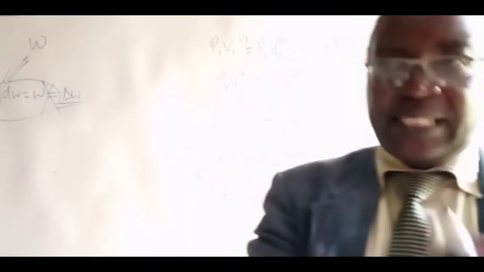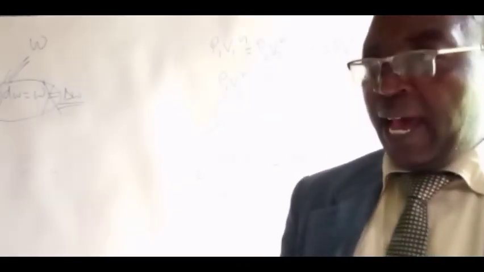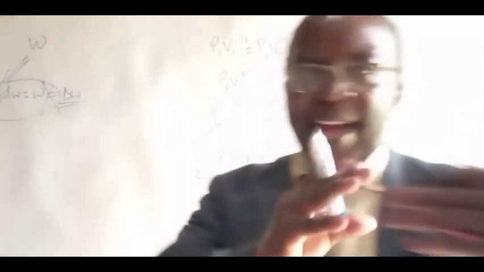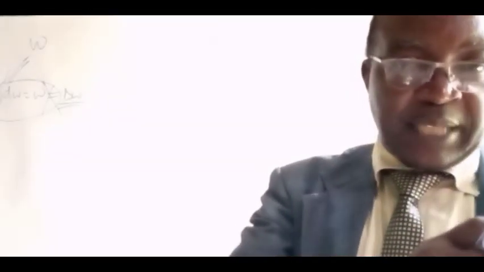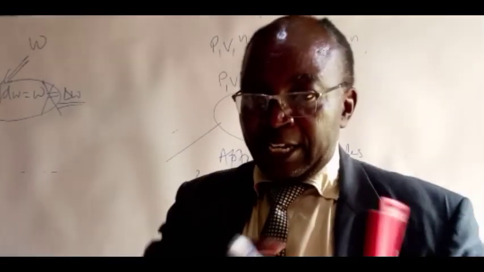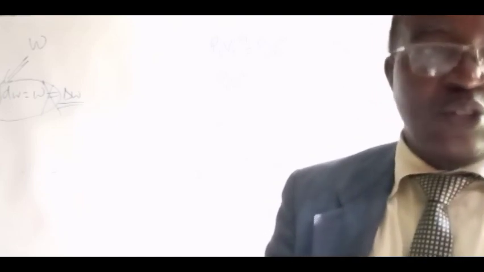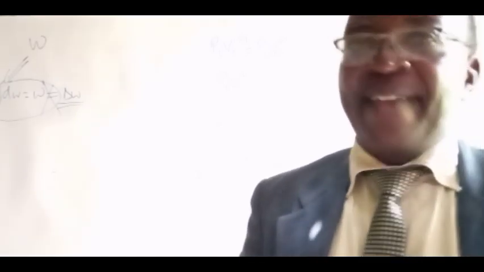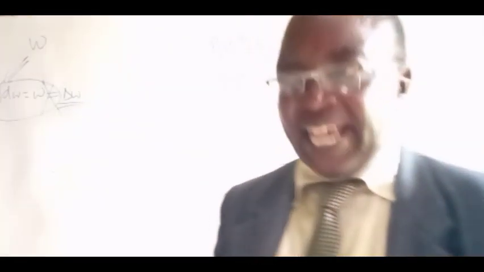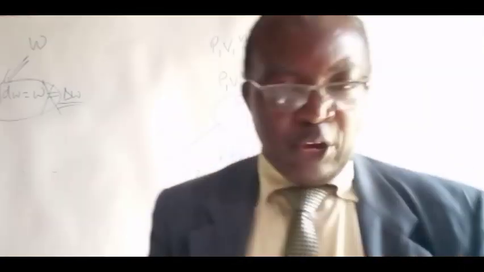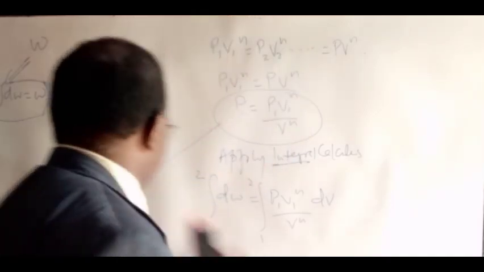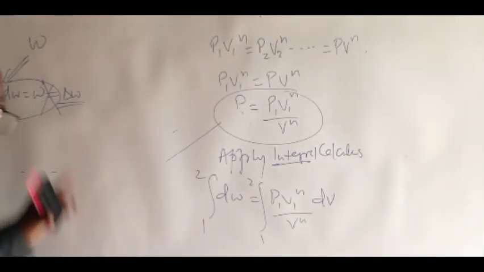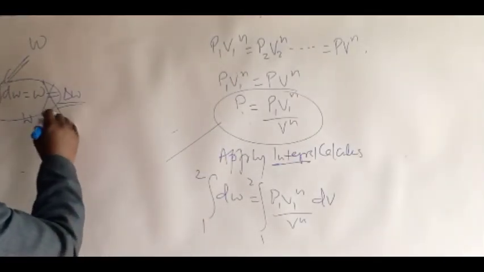They depend on the state of the system, the initial and final state, not the path you follow to promote your system from one state point to another. Q and W are path functions. So when you integrate, you don't talk of delta W or delta Q, because W is a path function.